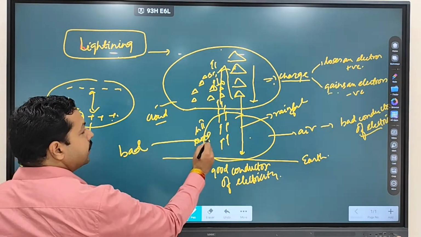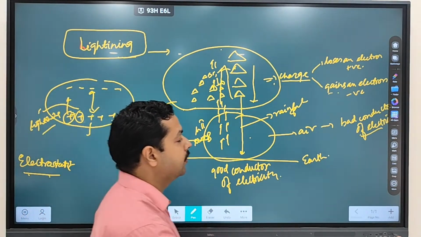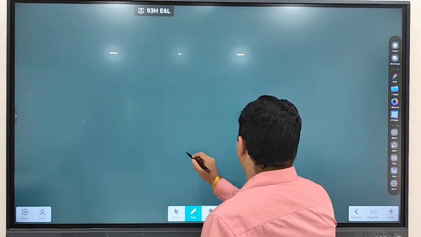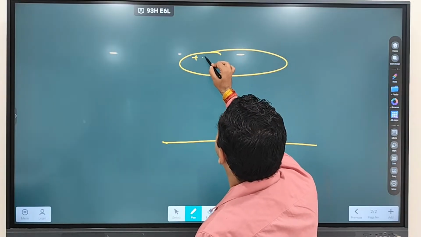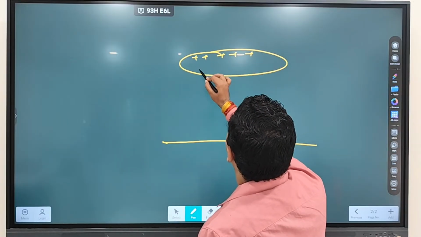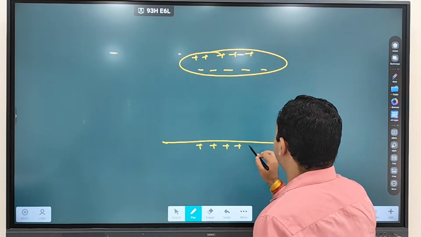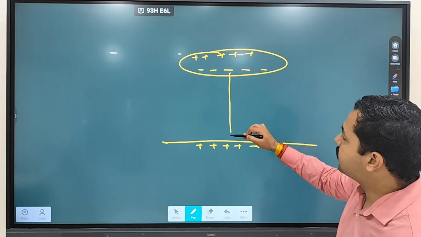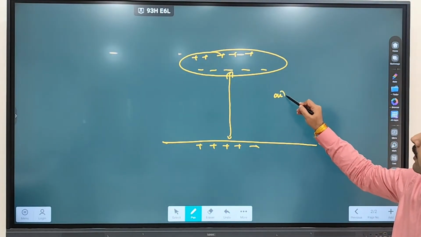Because air is a bad conductor, let's say this is a positive charge developed, this is a negative charge developed, earth is having positive charge, and we discussed attraction is happening here. Clear? But since air is a bad conductor, what happens?